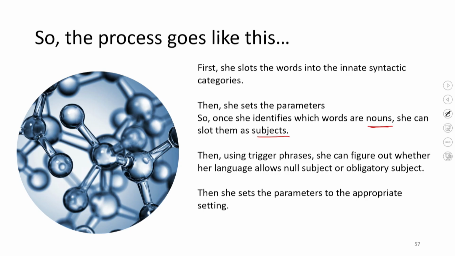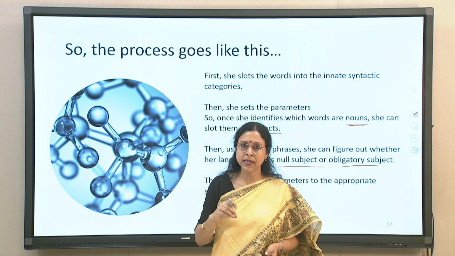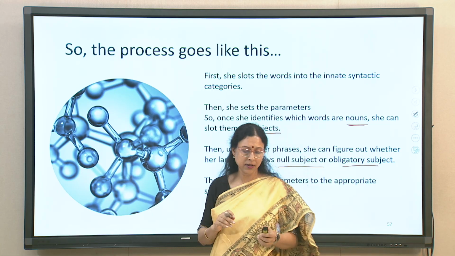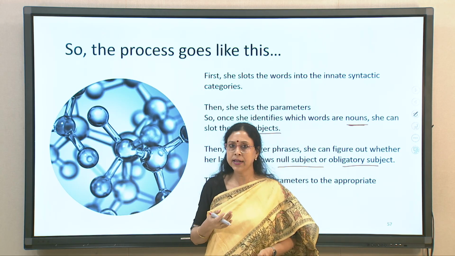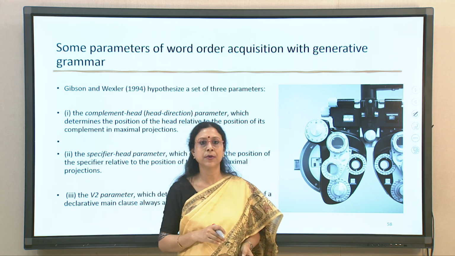Then using trigger phrases, she can figure out whether her language allows null subject or obligatory subject. Then she sets the parameter to the appropriate setting. So, the principles take care of the baseline, and the parameters take care of the language specific properties, and that is how children will be able to comprehend and produce syntactic structure in the relevant language.